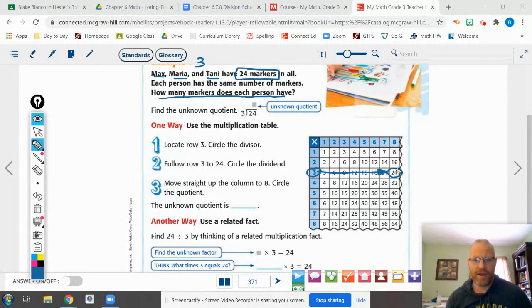Now, move straight up the column until you get to the quotient. The quotient here is 8. That's our answer. So the unknown quotient is 8. So we know that 3 times 8 equals 24 by following the multiplication chart.